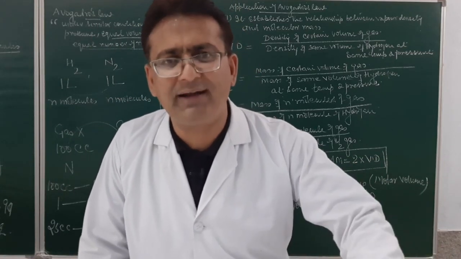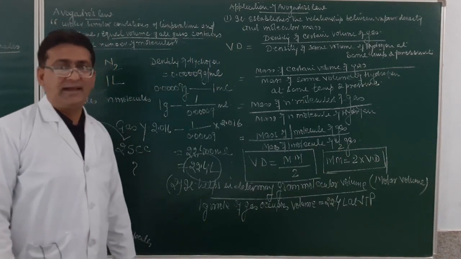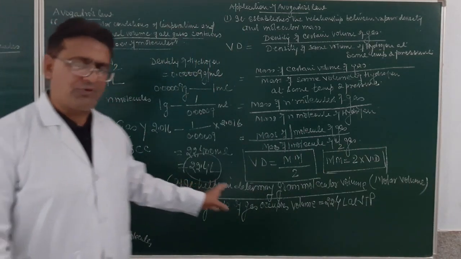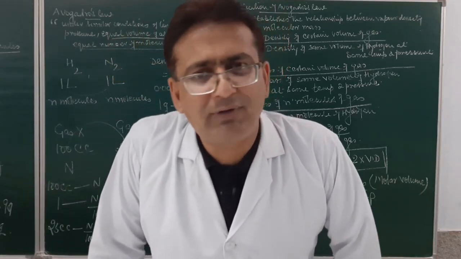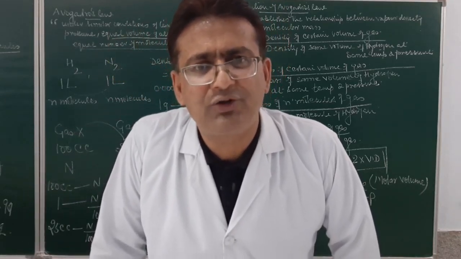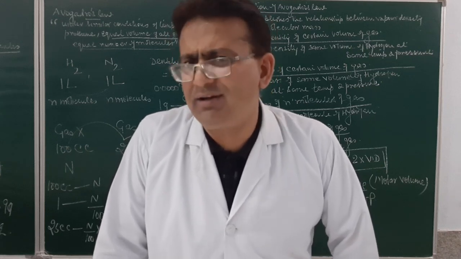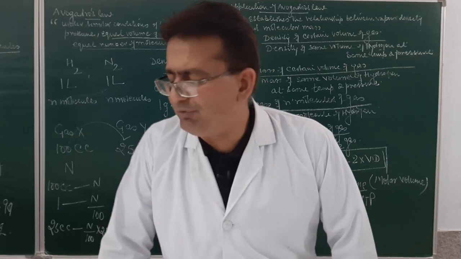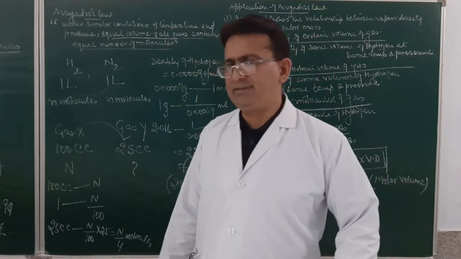So, 1 mole of a gas indirectly occupies what volume? 22.4 liter. Am I clear? You must be sure what we are discussing. I can also prove that 1 mole of a substance contains 6.02 into 10 raised to power 23 particles, but that, of course, maybe in class 12th I may teach. Here, if this is known to you, you have sufficient knowledge as far as class 11th is concerned.